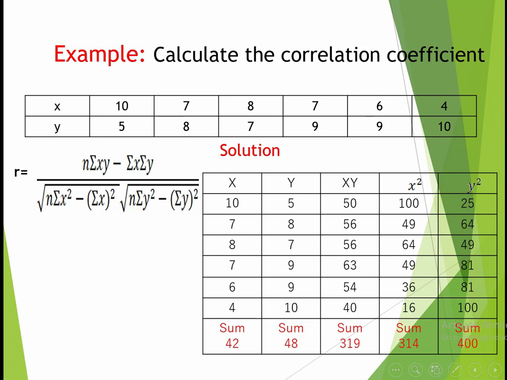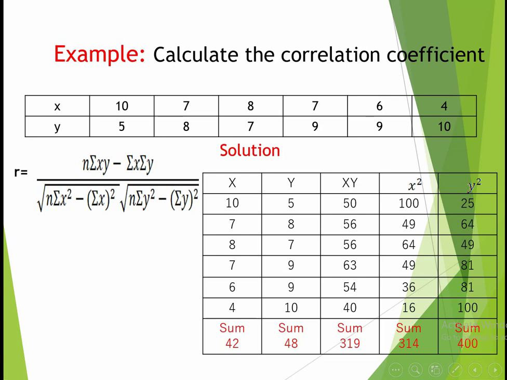There is a big difference between sum x squared and sum x all squared. Sum x here, first column, is 42. Multiply by root of n sum y squared minus sum y all squared. Under the first root, variable x. Second root, variable y.